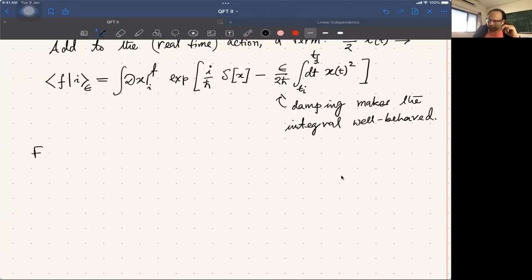Finally, after calculations, take the limit epsilon to 0.